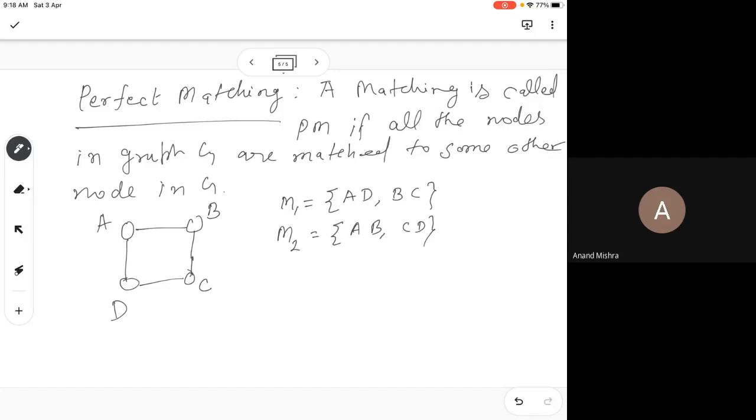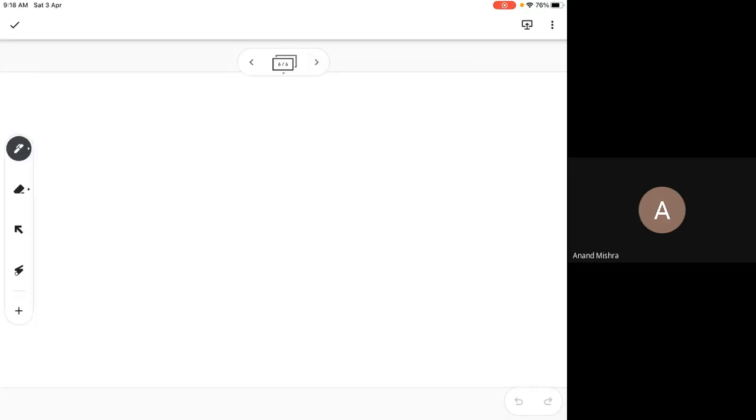Let's look into an interesting concept called vertex cover. Vertex cover is also somewhat related to matching, but we will see what the relation is. Before that, let's define it.